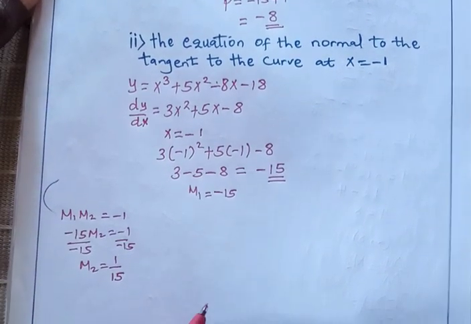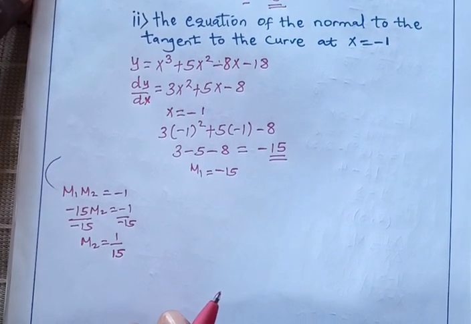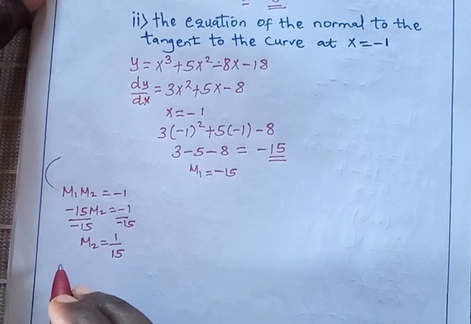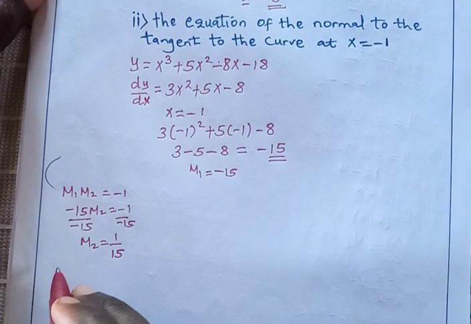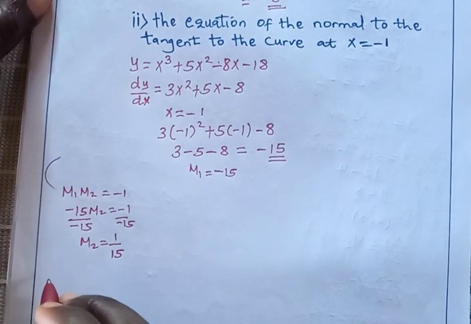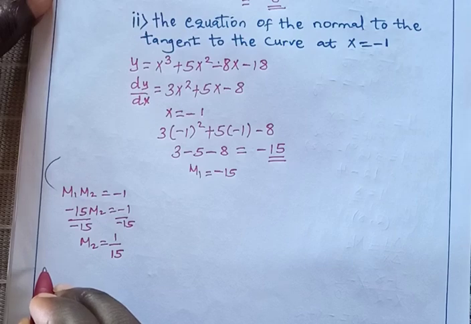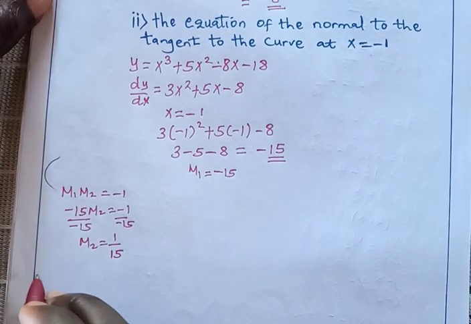Now that we have got our m2, the next thing we want to work out is the value of y for us to have a coordinate, a complete point with x and y values. Now, we will have to go back again to the equation. We already know the value of x. What about y?